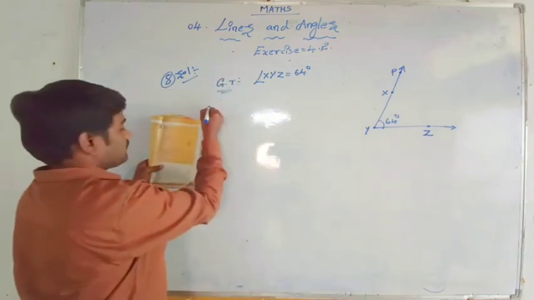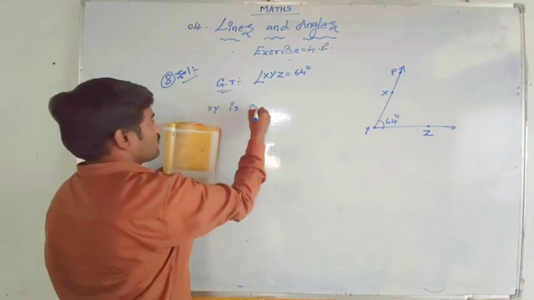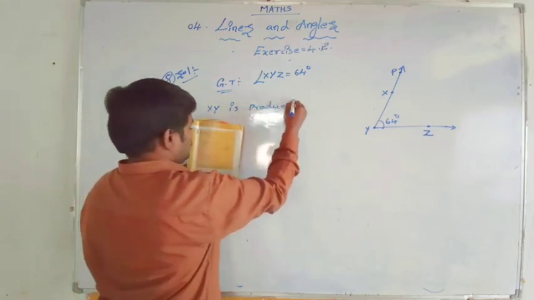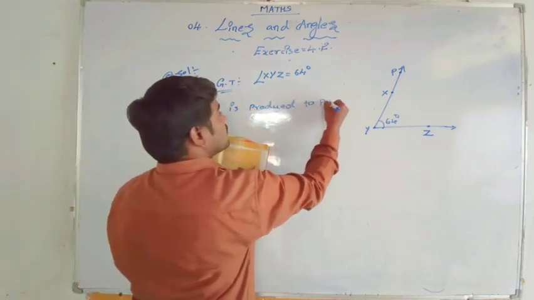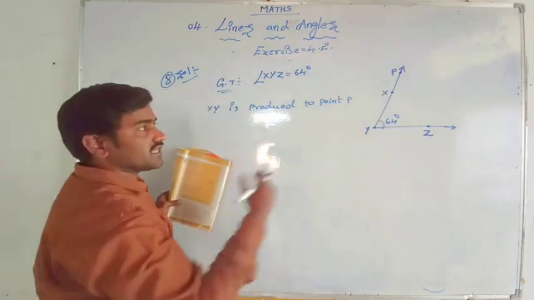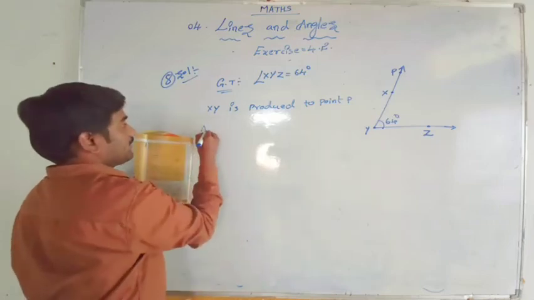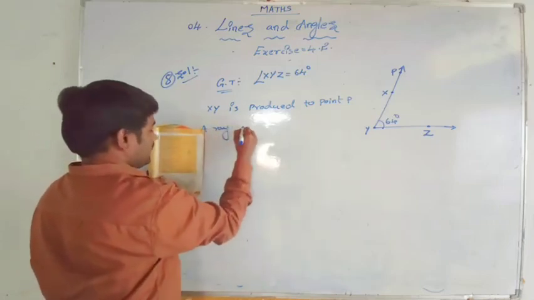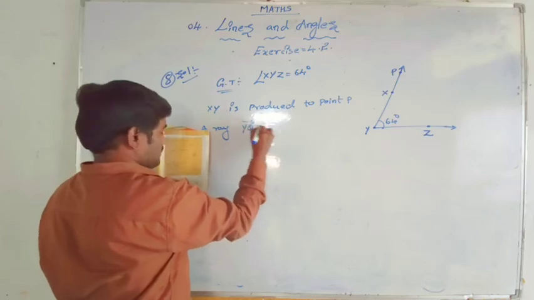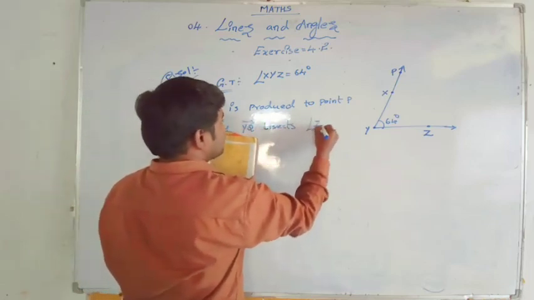Let us write that XY is produced to point P. Yes, XY we produced to the point P here. Then here a ray YQ bisects angle ZYP.